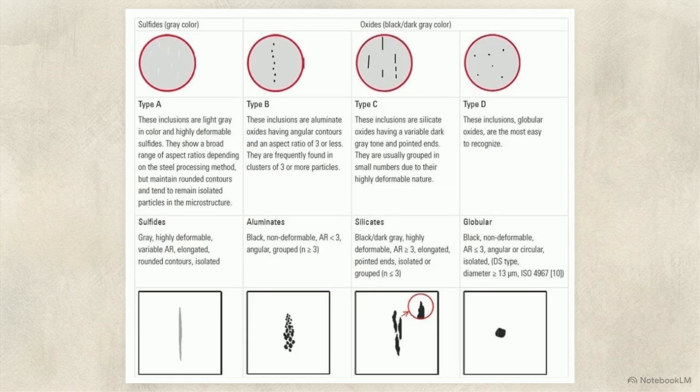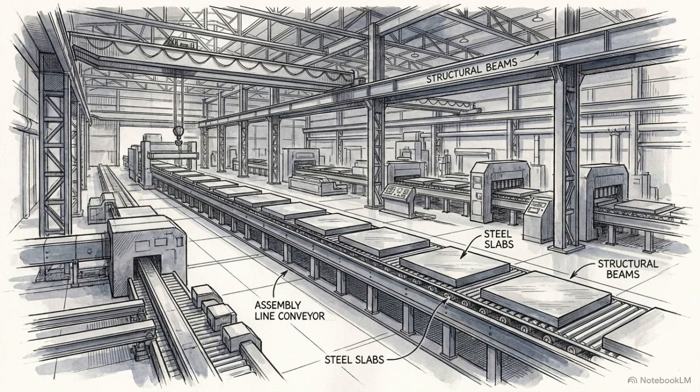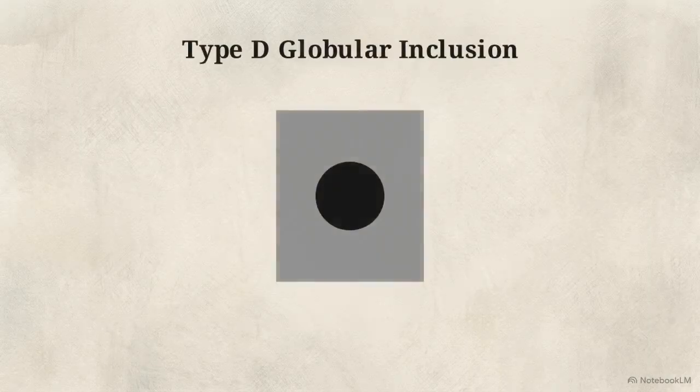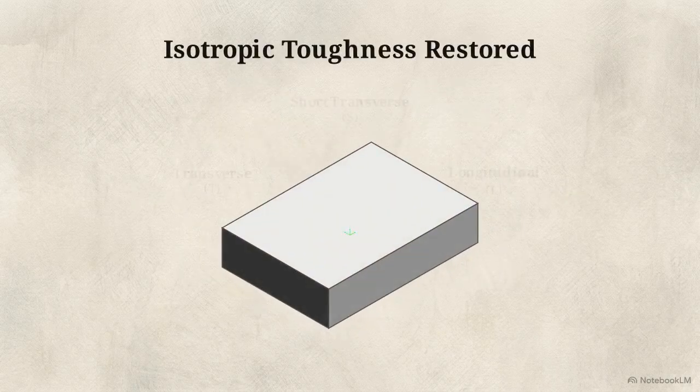By forcing the inclusion to remain in the type D globular column as isolated, non-deformable spheres, the steel avoids the planar stress concentrations that cause void coalescence. By manipulating the chemical melt at the atomic level, metallurgists arrest morphological elongation during secondary processing. We neutralize the internal wedges before they can form, permanently restoring equal isotropic toughness to the finished steel plate.